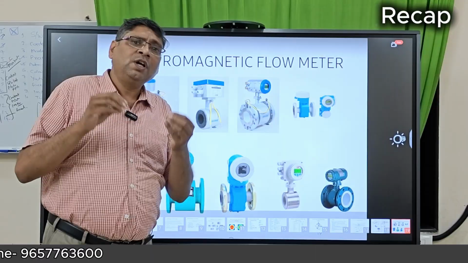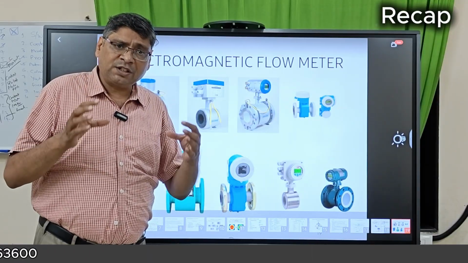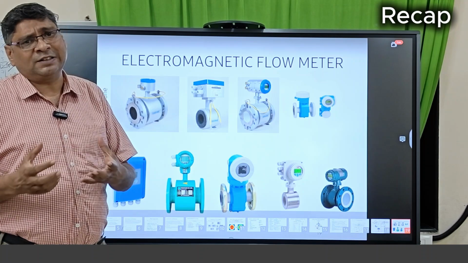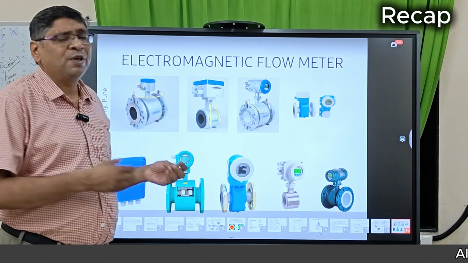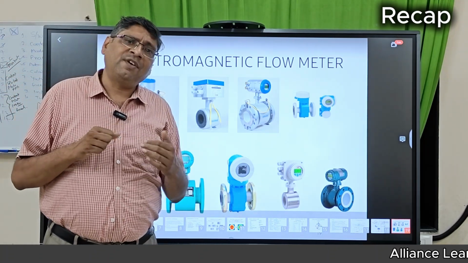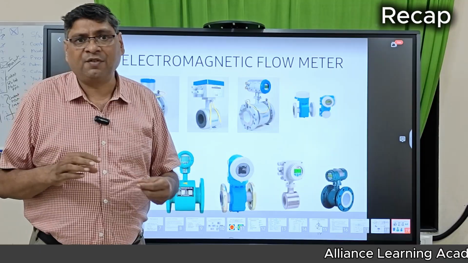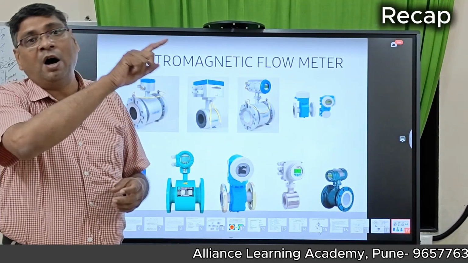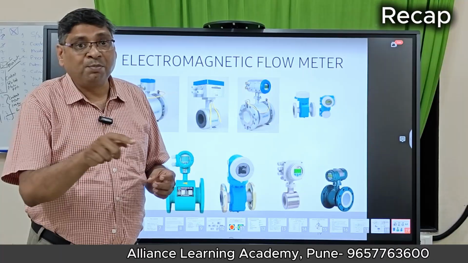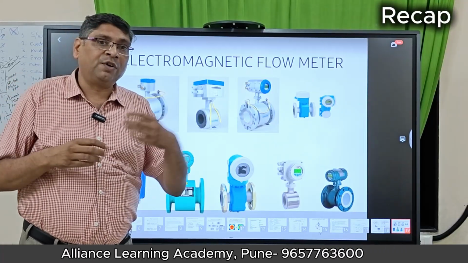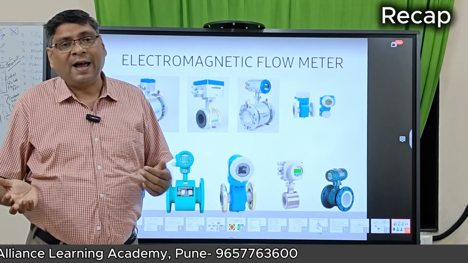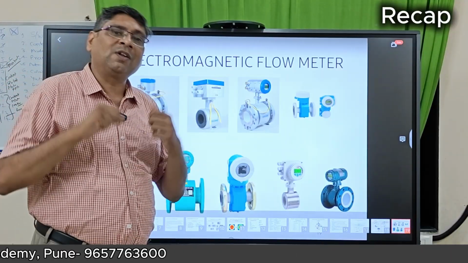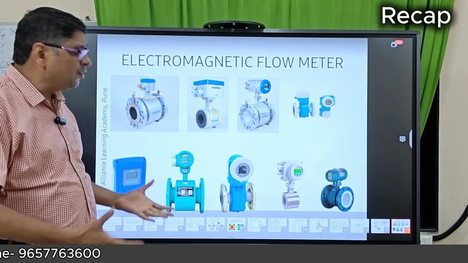Then we dove into different hydraulic properties, which are very important to understand the principles of flow meters, where we saw the continuity equation and laminar or turbulent flow. We have seen how the parabola is important and what is the meaning of downstream and upstream, and we have seen 5 major principles. Based on the 5 major principles, there are 36 flow meters we have seen.